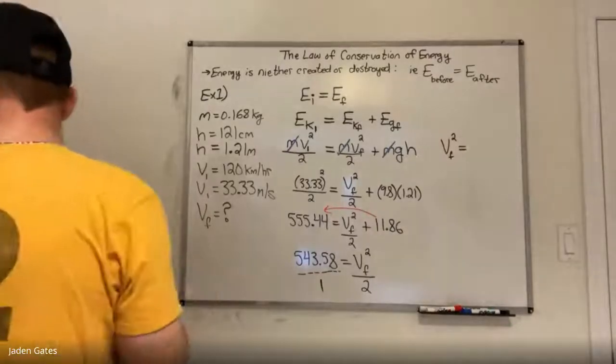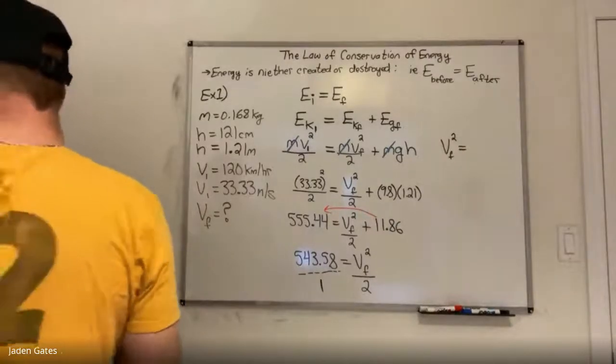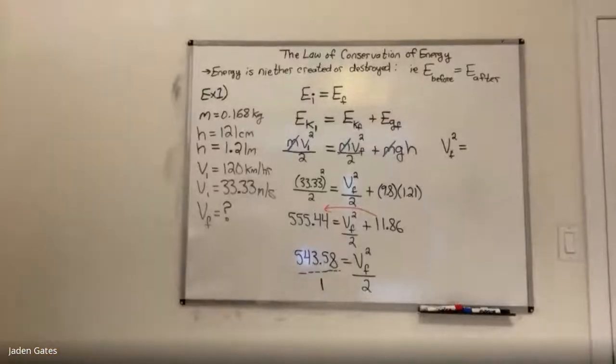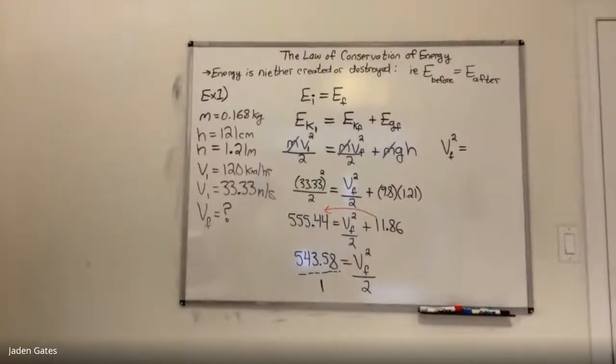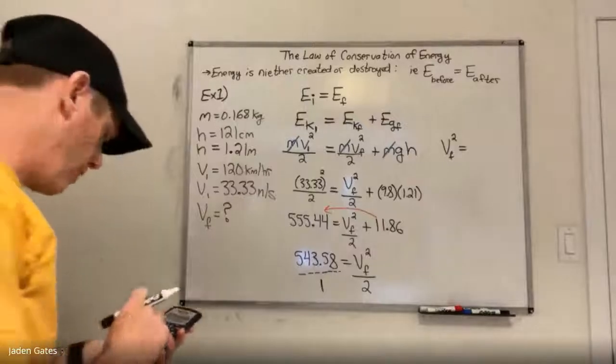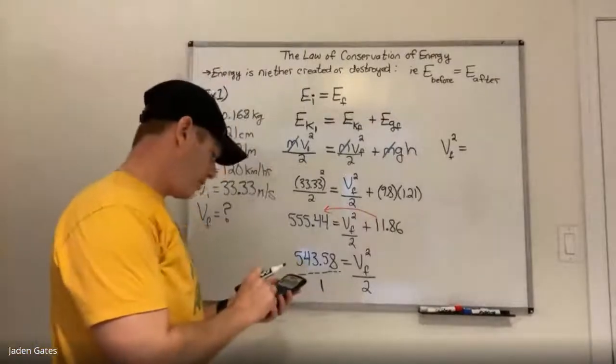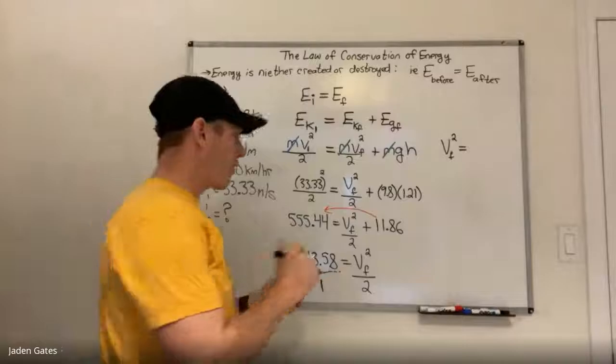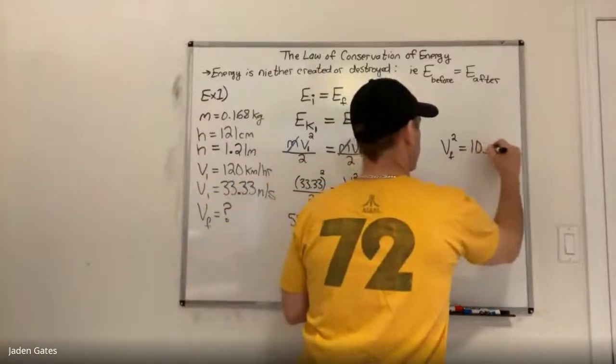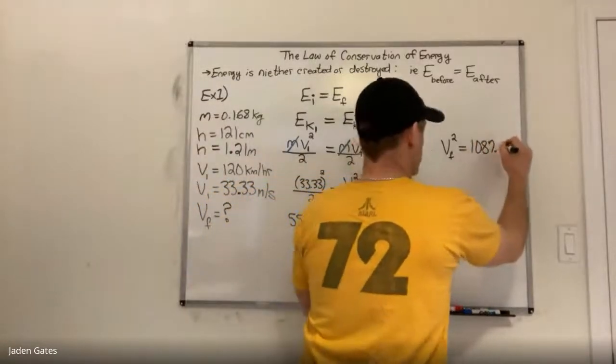Let me grab a calculator. 543.58 times 2, I get 1,087.16, going to 2 decimal places.